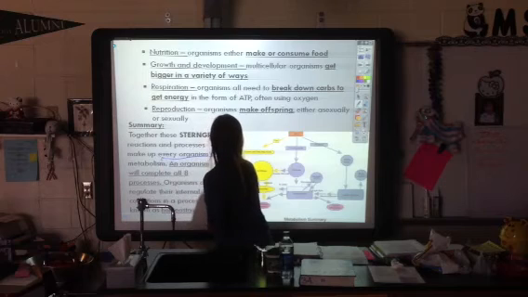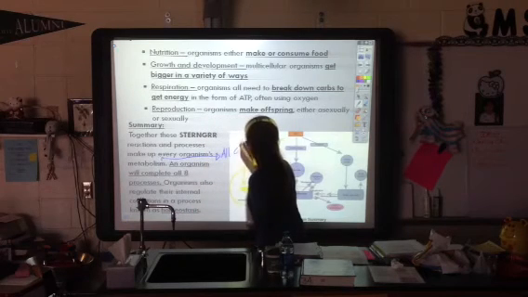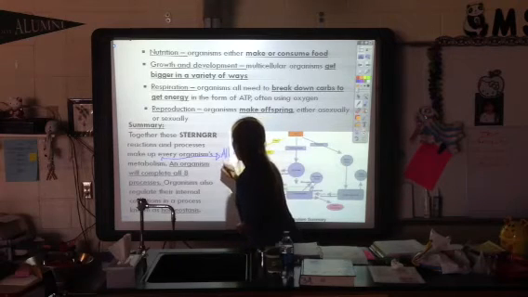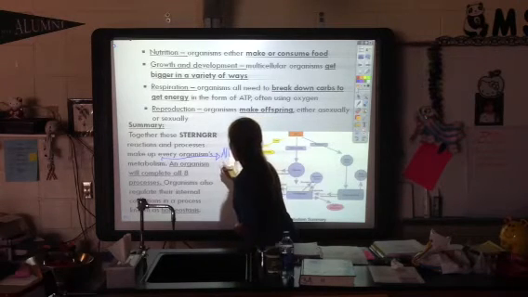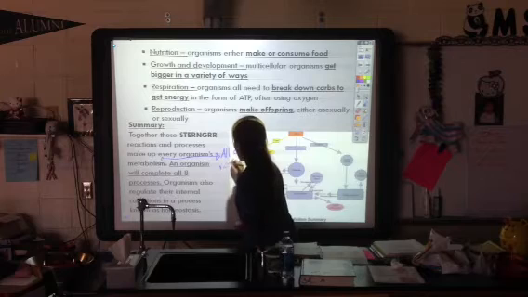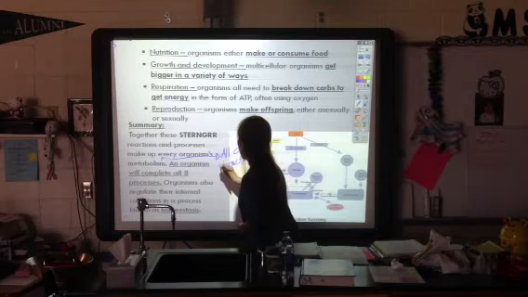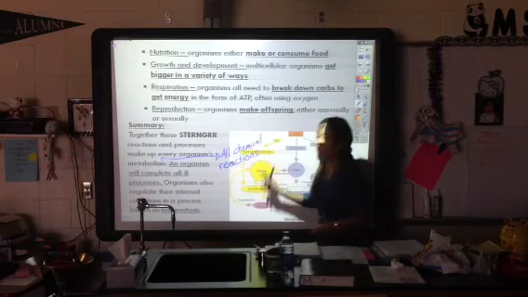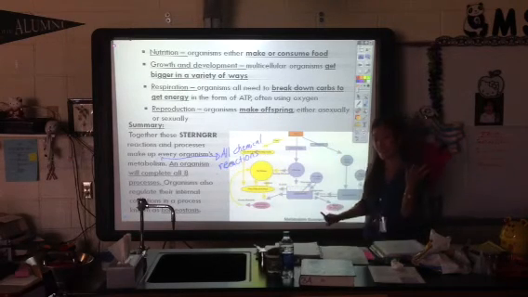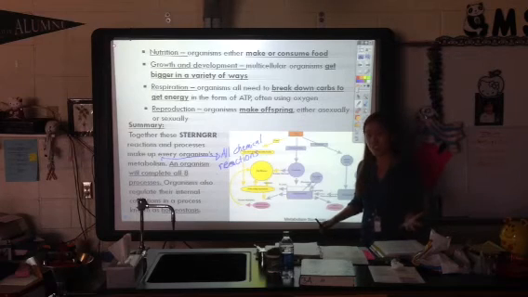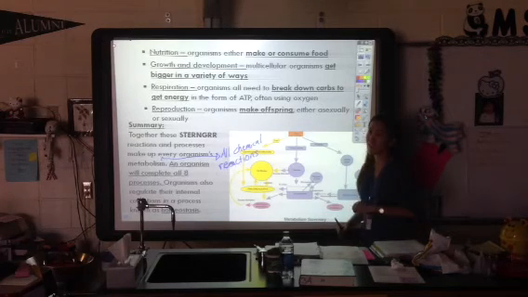Metabolism, so all your chemical reactions. And that can be part of that synthesis, that can be part of that digestion, making and breaking things down.